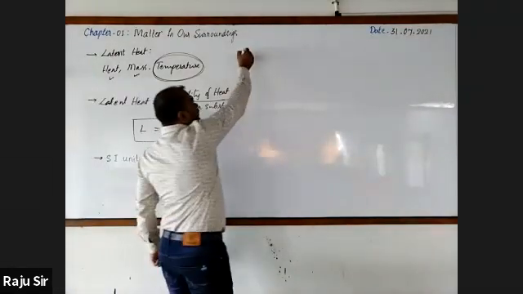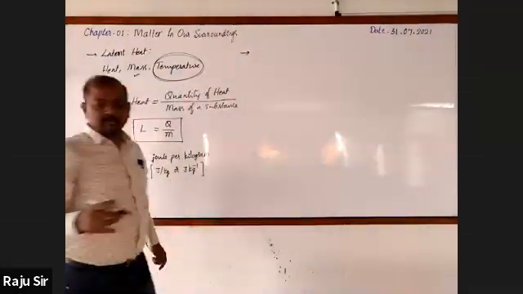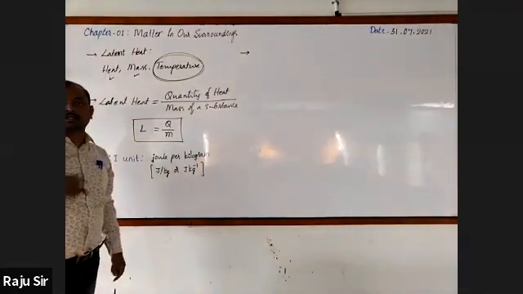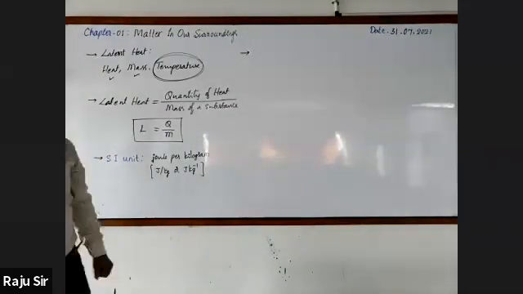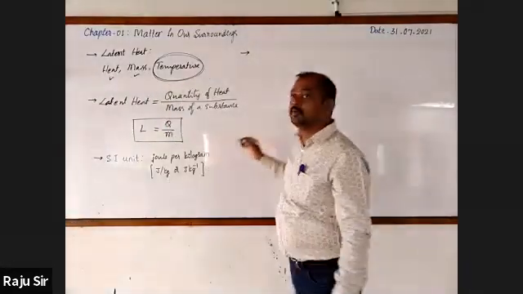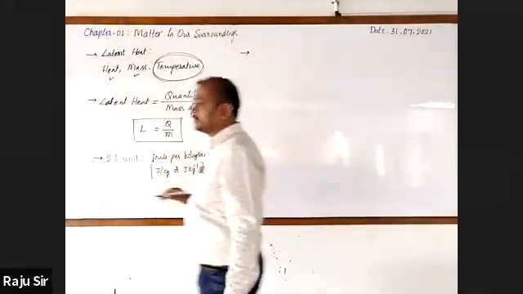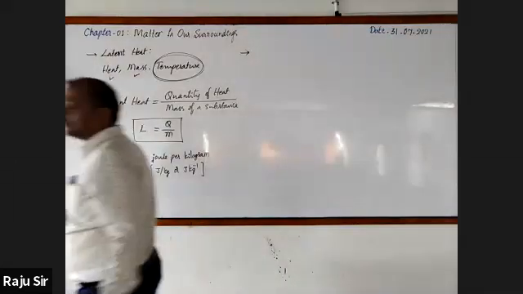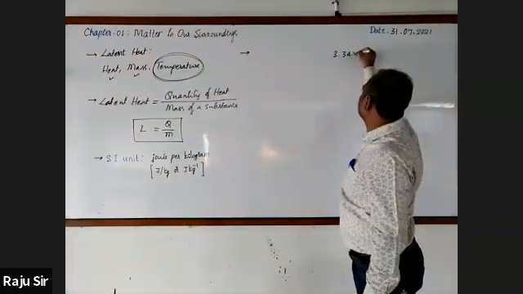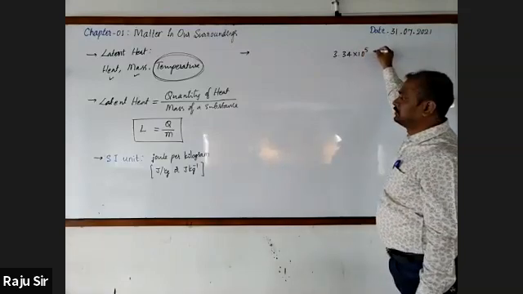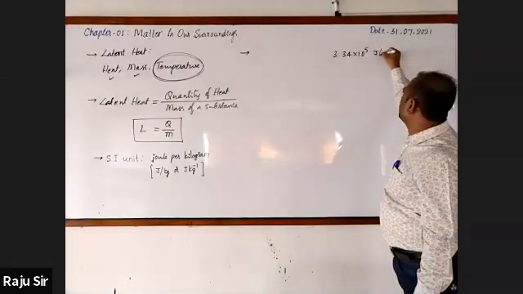And we have the latent heat of water and ice. Both are given. Let me give you the same information. Latent heat of fusion of ice is 3.34 into 10 raised to the power 5 joule per kg.